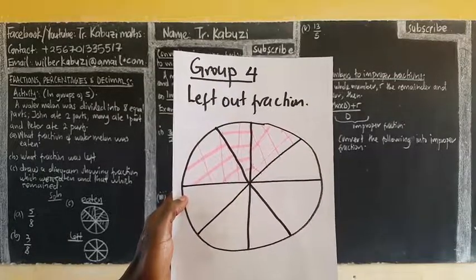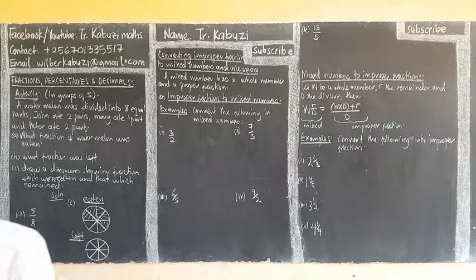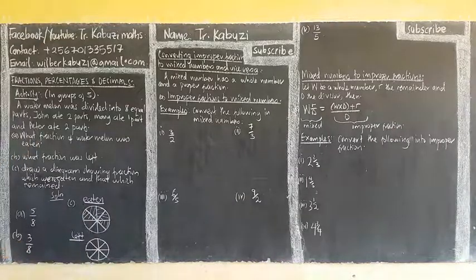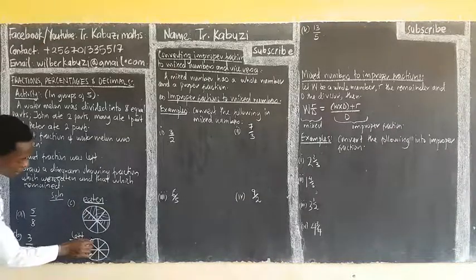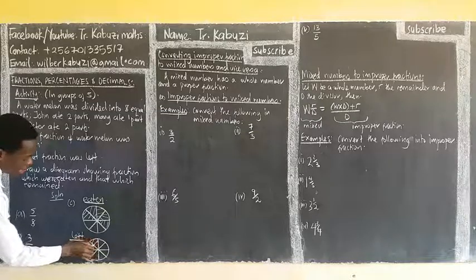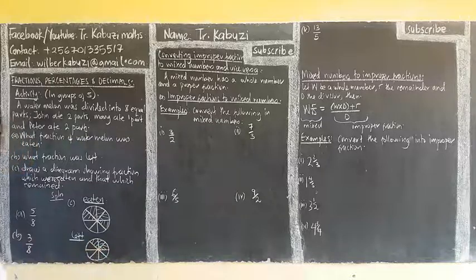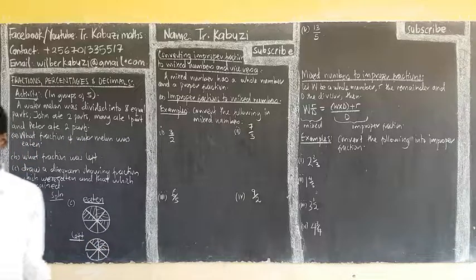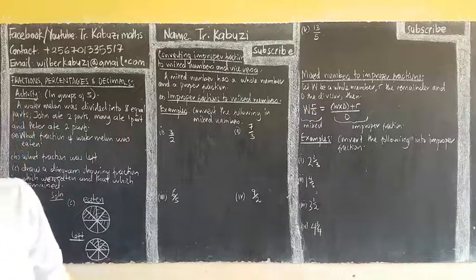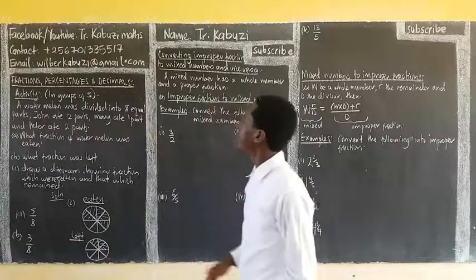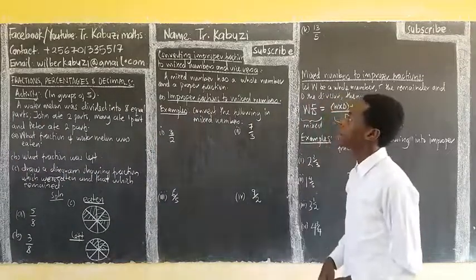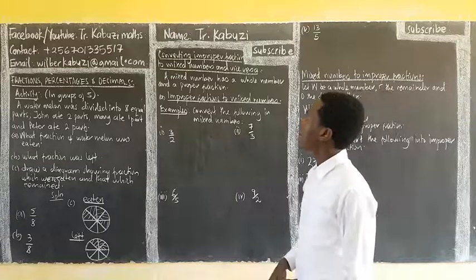So you see that they are shading 3, because 3 was the fraction that was left out. So you shade 1, 2, then 3. So that is the work from the 4 groups I sampled. So from there, members, now it is time to convert proper fractions to mixed numbers, and vice versa.